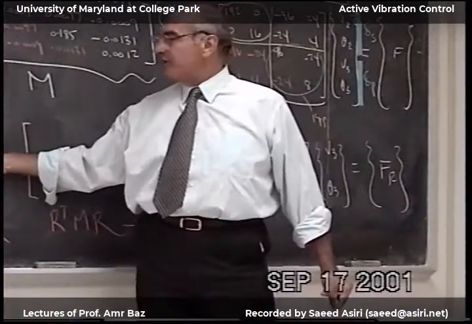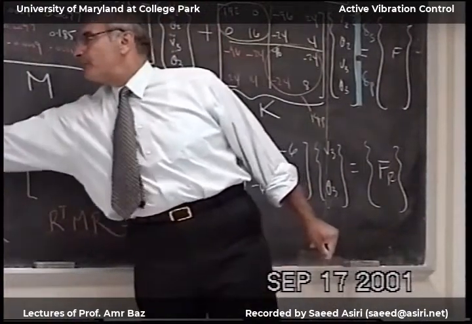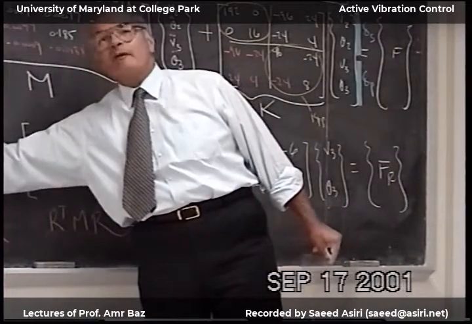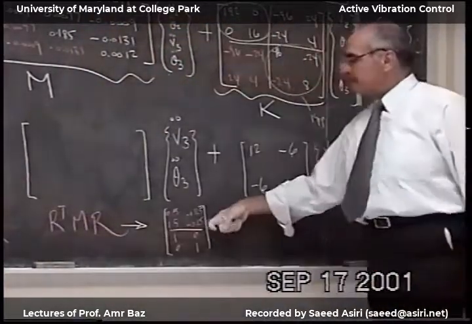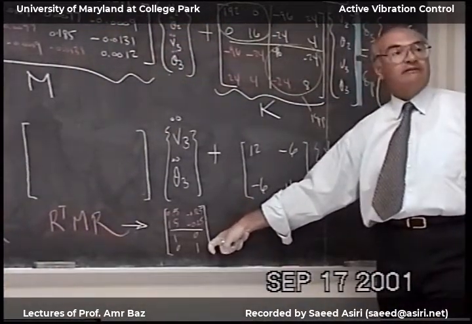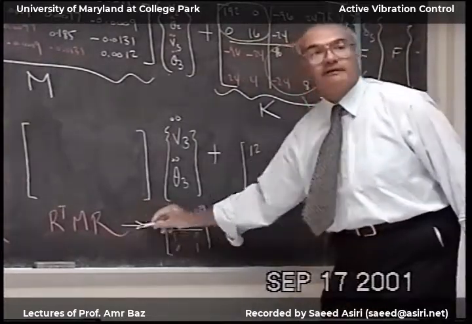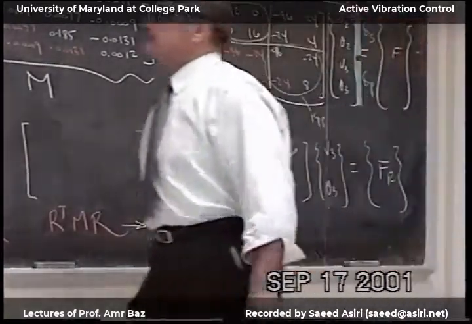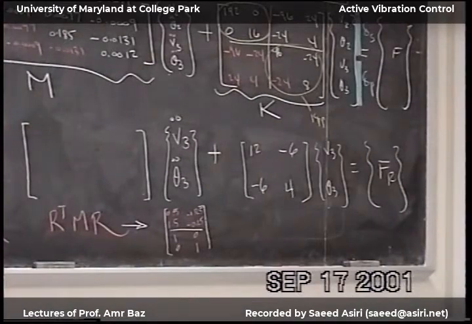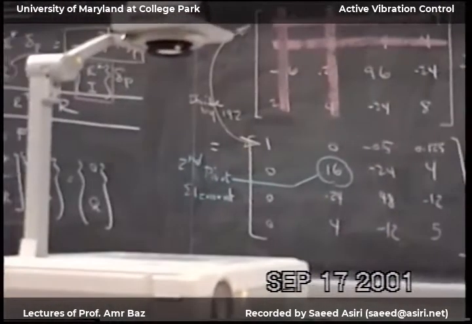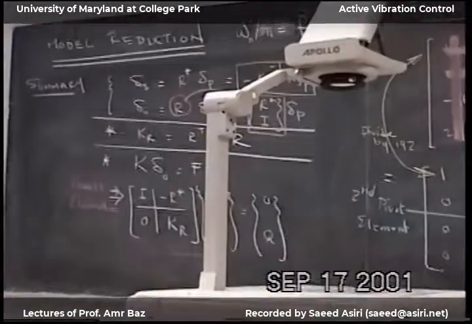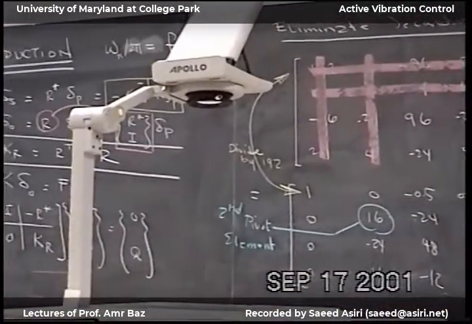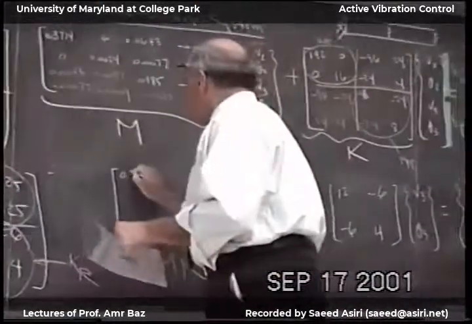Minus R asterisk, so this would be 0.5 minus 0.125, 1.5 minus 0.25, and then I put the identity matrix, so this is my R. So the mass matrix becomes like this.